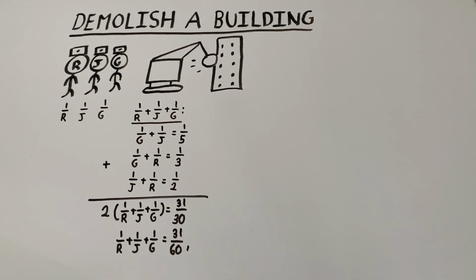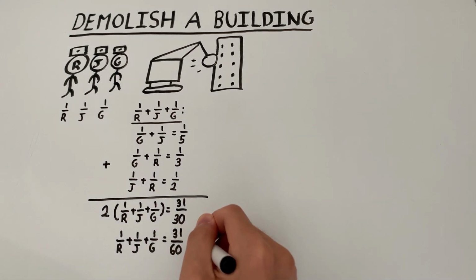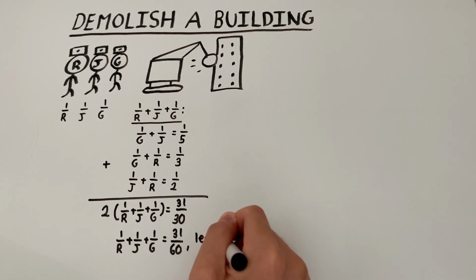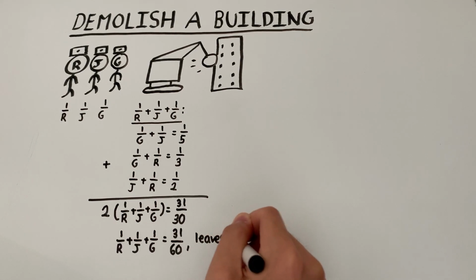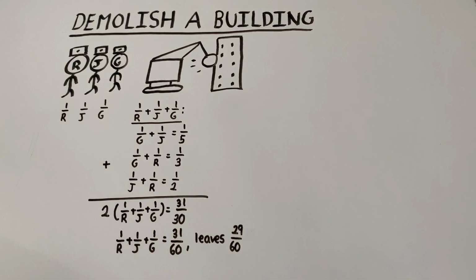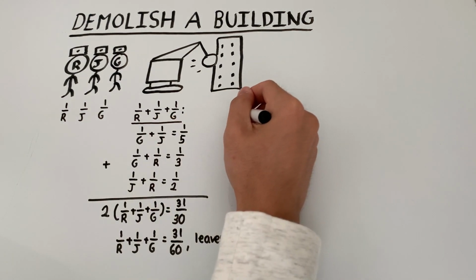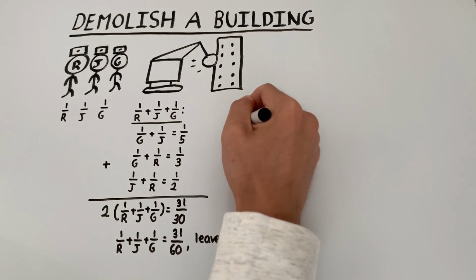Now, since they destroyed 31 over 60 of a building together, this leaves 29 over 60 of a building for John and George to finish on their own, because Rachel will not be working anymore after the first day. So we see that the amount of work left is 29 over 60.